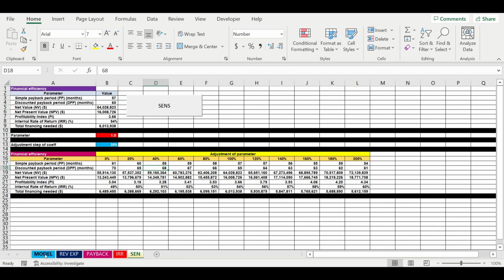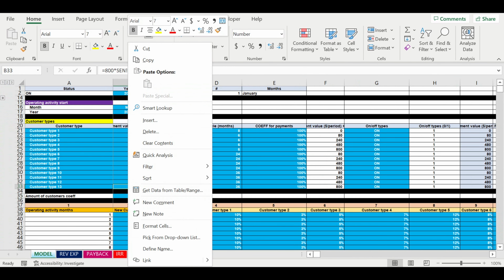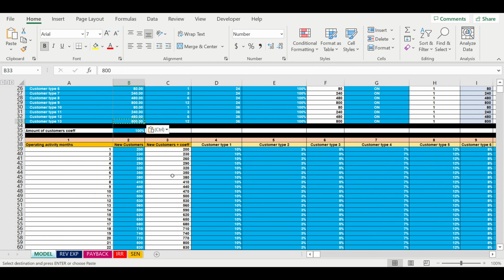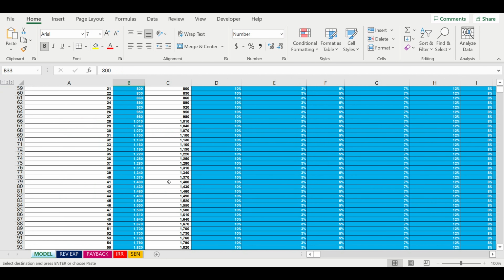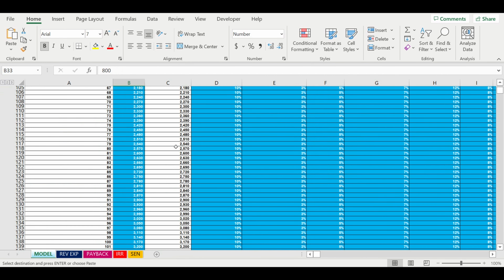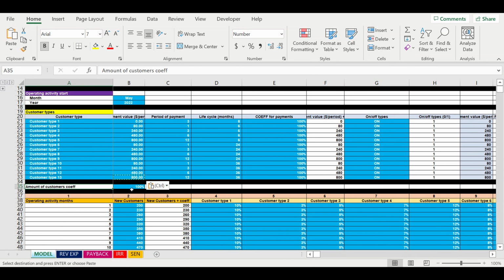So we can also, for example, we just want to copy, paste this number. So we deleted coefficient from this value, and we want to add a coefficient, for example, let's add coefficient to the amount of new customers.